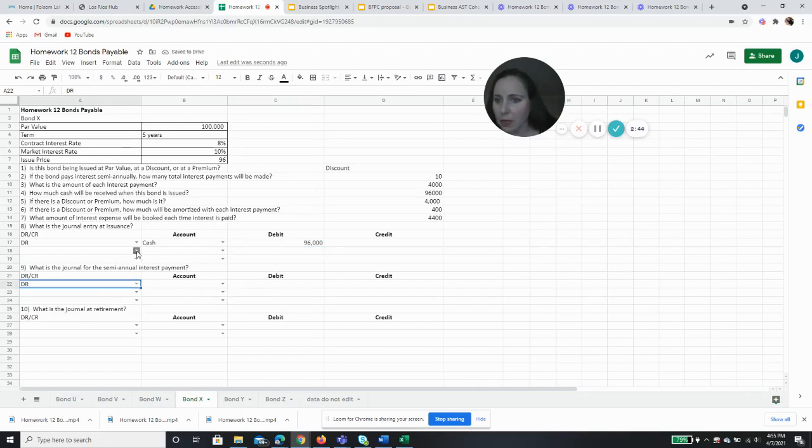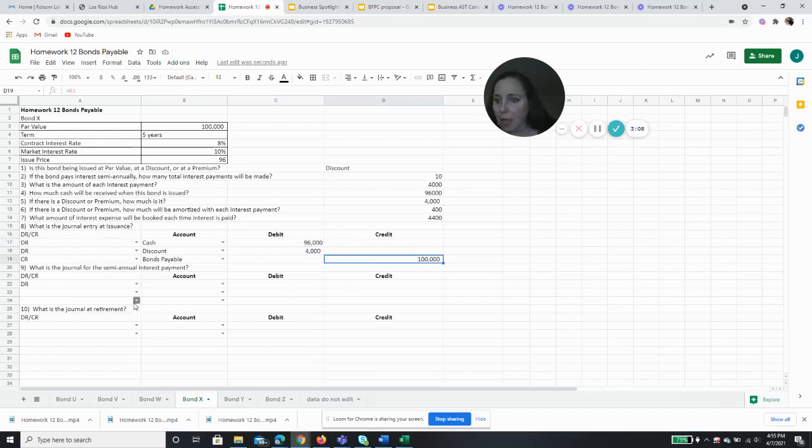Oh my gosh, I'm on the wrong line. Up here, we're going to debit our discount. And that's going to be $4,000, which is what we calculated. And we are going to credit bonds payable to establish that liability for $100,000. All right, our debits total $100,000, our credits $100,000.